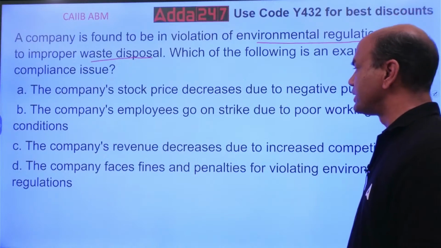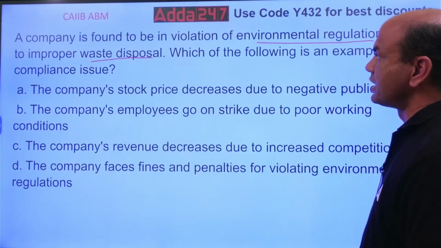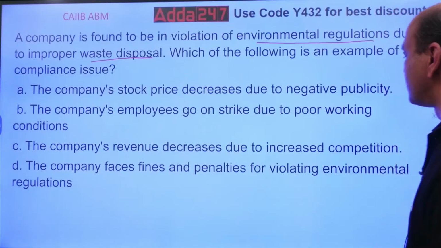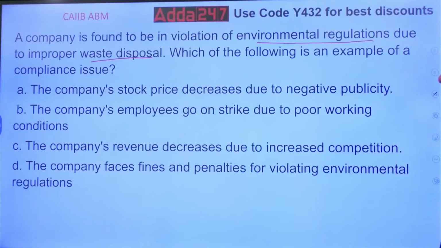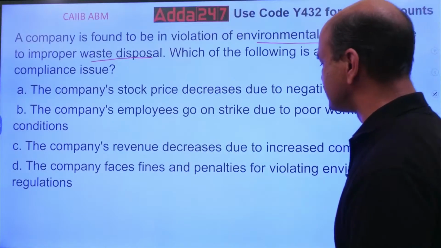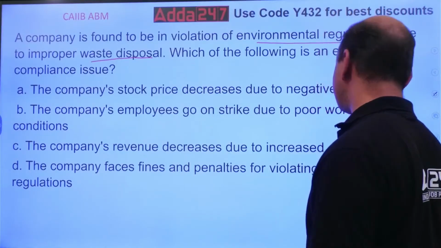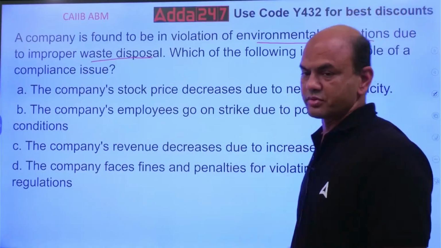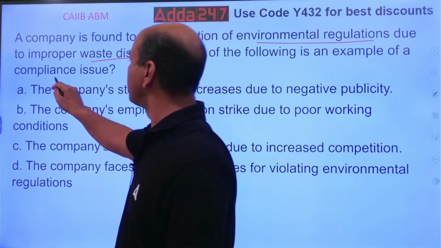The company's employees go on strike due to poor working conditions. The company's revenue decreases due to increased competition. The company faces fines and penalties for violating environmental regulations. Which of them will be the compliance issue over there?